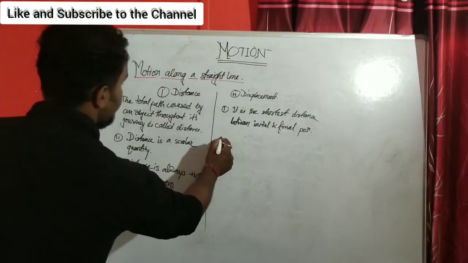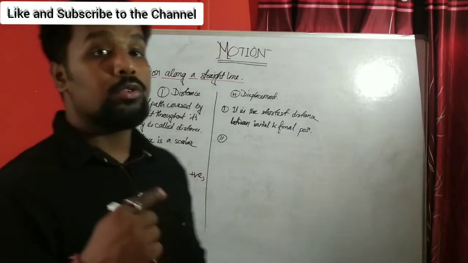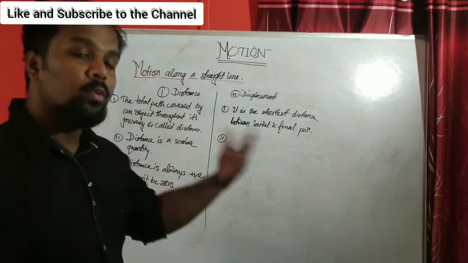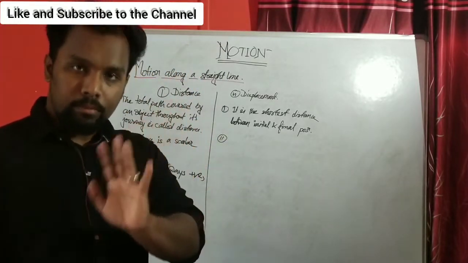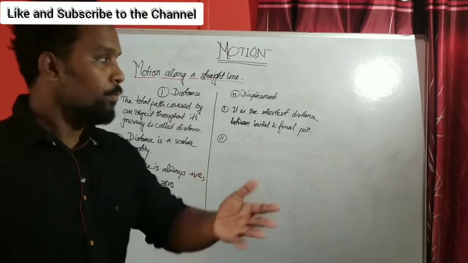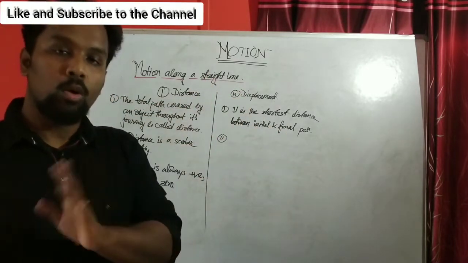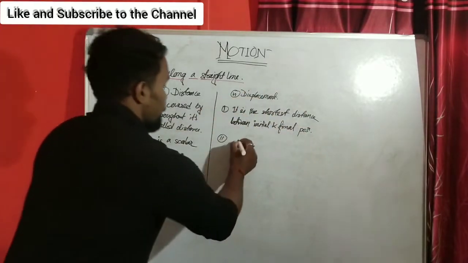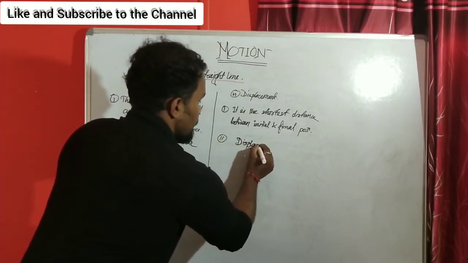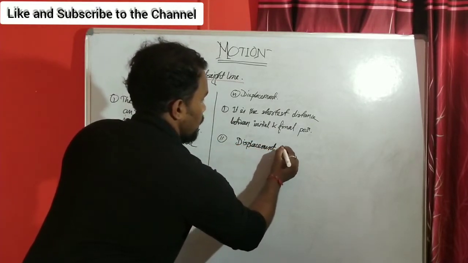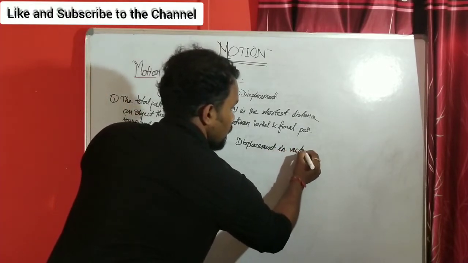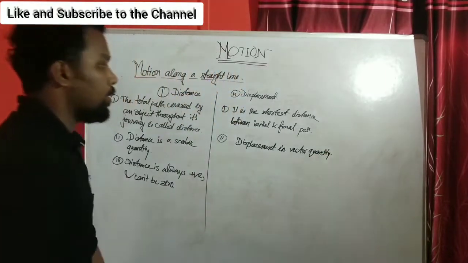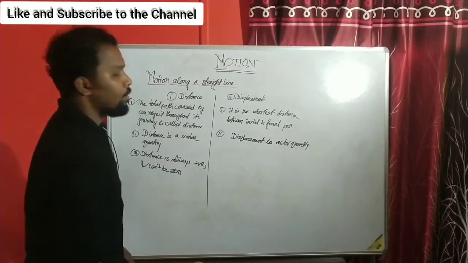Now the second property: we have also discussed vector quantity. A vector quantity is that quantity which deals with direction as well as magnitude. Displacement is like that; it deals with both direction and magnitude. That's why we can say that displacement is a vector quantity.